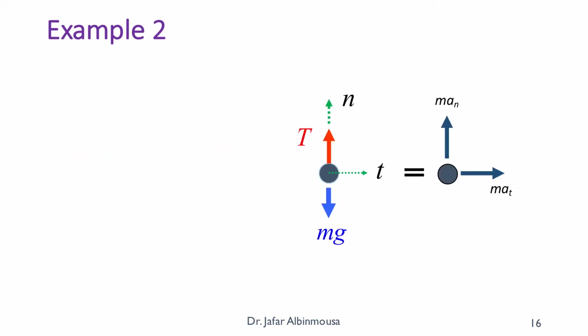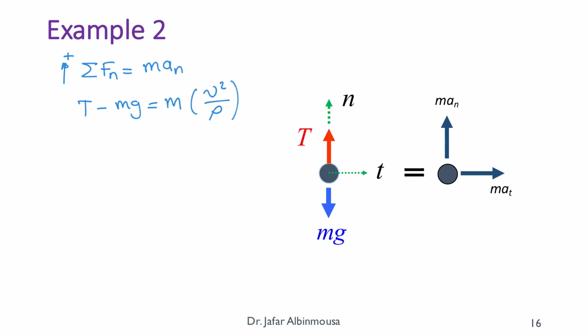So in order to find the tension in the cord at the location when the angle theta is equal to 0, we need to start by writing down the equation of motion in the normal direction. So the summation of Fn equals m·an. Now what do we have here? We have tension as positive because it is acting upward, minus mg negative because it's acting downward, is equal to m v squared over rho.